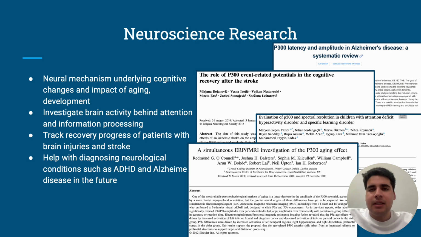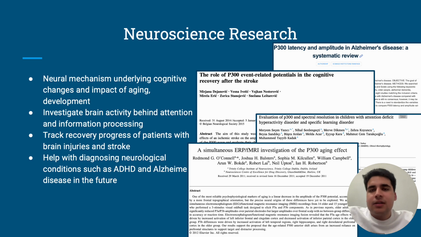P300 has been really significantly studied because it allows researchers to investigate the neuronal mechanism underlying cognitive changes, and also study the impact of aging, development, and even different psychological states, which is very useful from the perspective of a researcher.